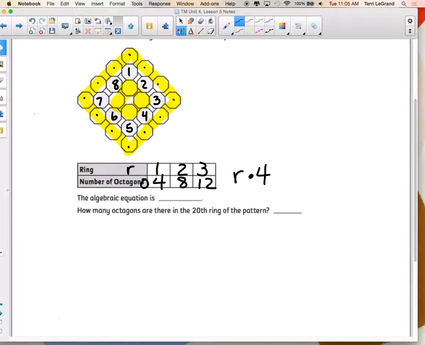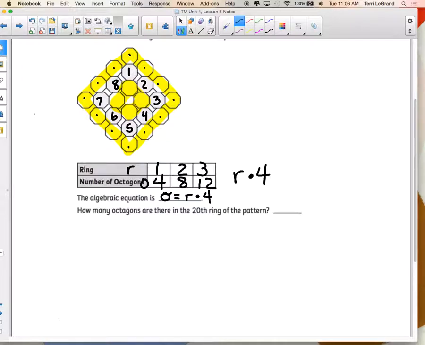And the equation says to get the number of octagons in any ring, take the ring number times 4. Little o for octagons. Maybe we put a little curly Q up there at the top of it, so it looks like an o instead of 0. o equals r times 4. Okay, figure out how many are in the 20th ring.